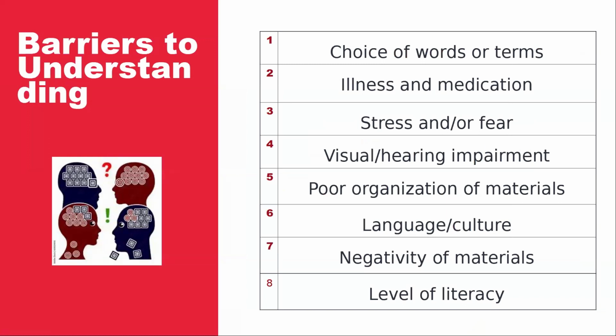Some of the barriers to understanding that we often encounter are the choices of words and phrasing. For example, I remember having a question about what is net income. You might think that's a fairly common term, but the population group I was working with was non-English speakers. I can speak multiple languages, but how do I explain a phrase like net income, particularly to an interpreter?